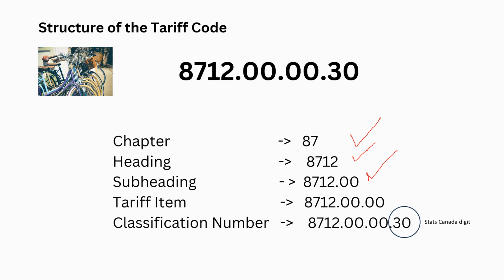And the full 10 in Canada will be, the last 2 digits will be managed by Stats Canada. There are certain commodities, certain classifications, where the last two are 00. That means that Canada does not have any interest in going further on the data they want to collect on that commodity.